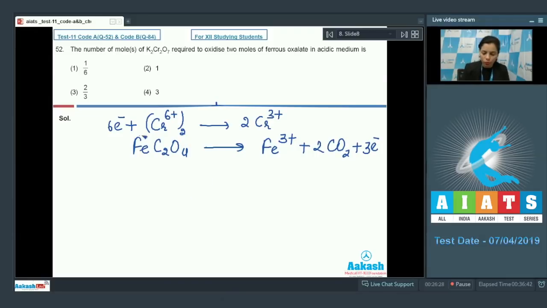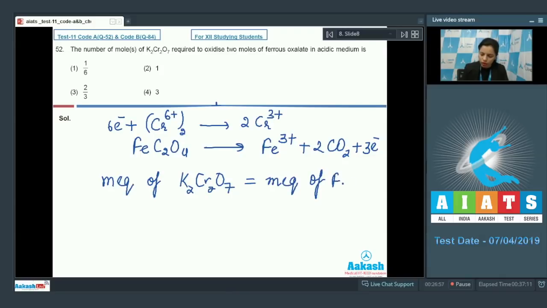While if I talk about the previous reaction in which K2Cr2O7 is there in acidic medium, in this case, the total number of electrons required is 6. So, the N factor we know in this particular case. Now, if you know the N factor, you can easily compare the milli equivalents of these two species. In this case, the milli equivalents of K2Cr2O7 should be equal to the milli equivalents of ferrous oxalate, that is FeC2O4.